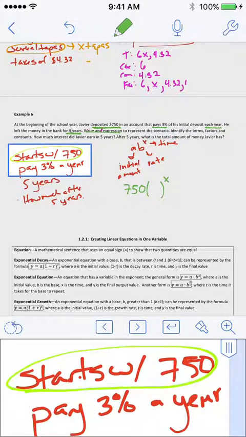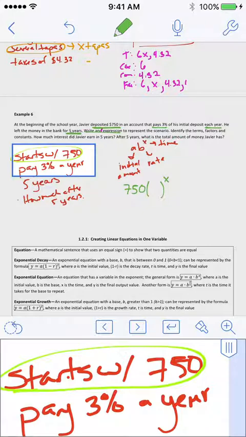Now about that rate, it says it pays 3% each year, in other words, an additional 3% each year. So are they really just giving me back 3%? We really have three choices here. Either they're taking 3% from my account, meaning it's going down 3%, or they're paying me only 3%, so they only give me back 3%, or they give me all of it back and 3% more.